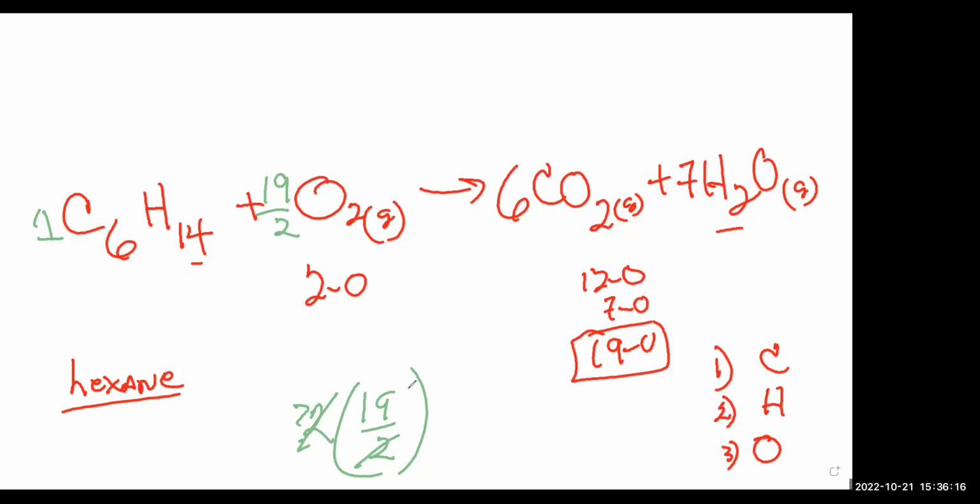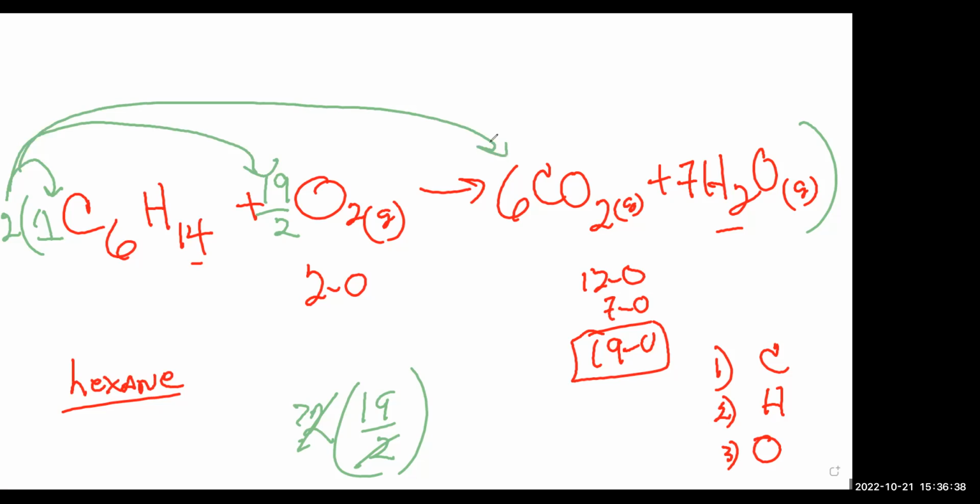But like in mathematics, when I multiply one number, I got to do that to everybody, okay? So that means I take 2 and I multiply everybody by 2. So it's 2 times 1, 2 times this, 2 times 6, and 2 times 7.